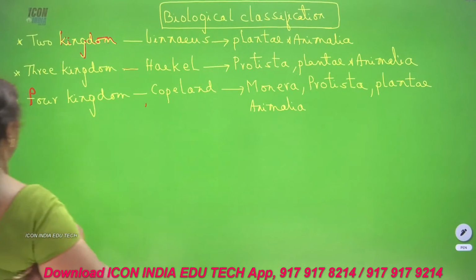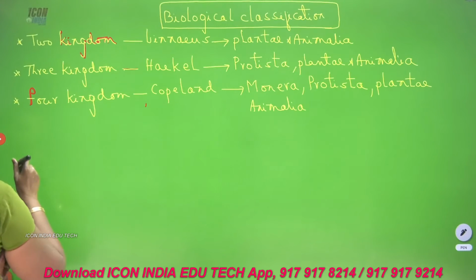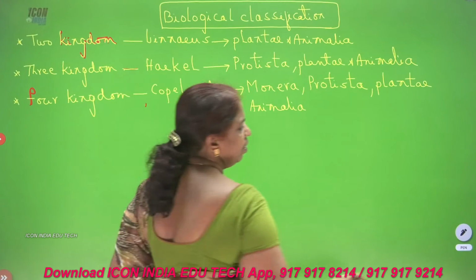The next one is the five kingdom classification.